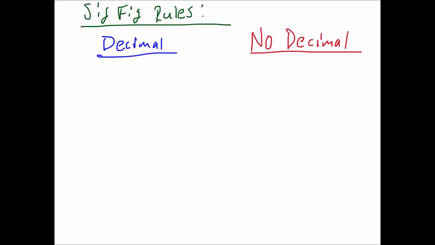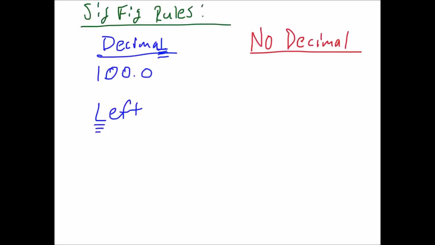So the first rule is that if there is a decimal in your number, so for example, let's say we've got, I don't know, 100, that has a decimal in it. So if there's a decimal, you start on the left-hand side of your number, and the way I remember that is that decimal has an L in it and left has an L in it.